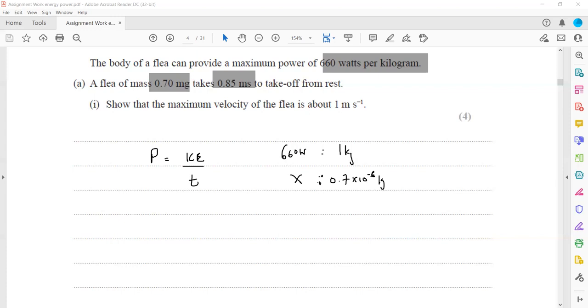When we multiply, this will be a very small value, 660 times 0.7, which is equal to 462 into 10 power minus 6 watts. So that is the power developed by the flea.